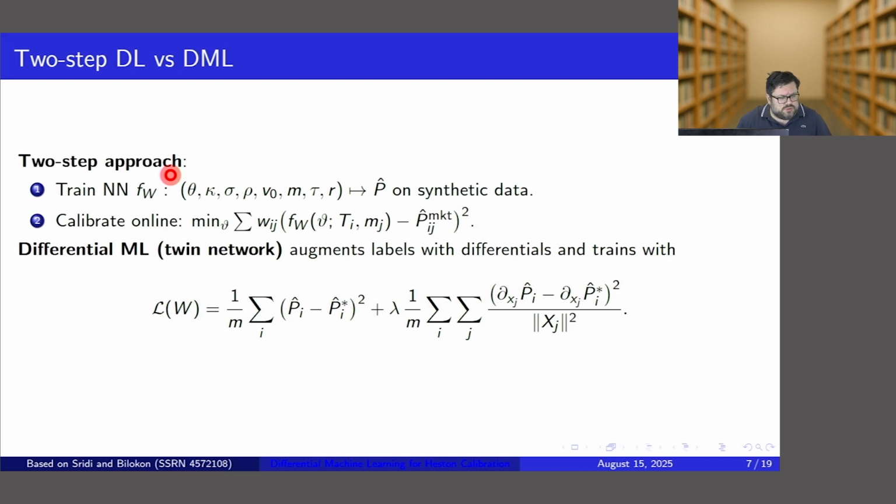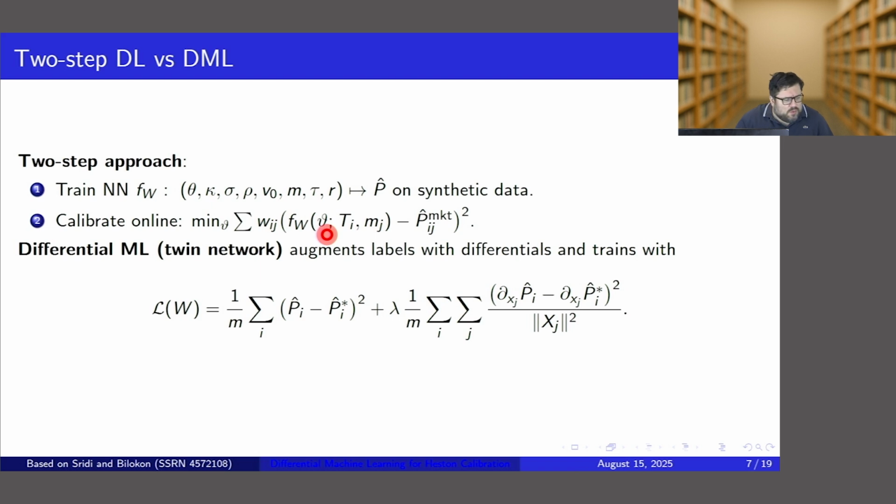First, you train a neural network f_w to map parameters to the normalized forward put price, P hat, on synthetic data. Then, as a second step, during online calibration, we optimize the parameter vector, this fancy theta here, to minimize the squared error between network predictions and market prices.